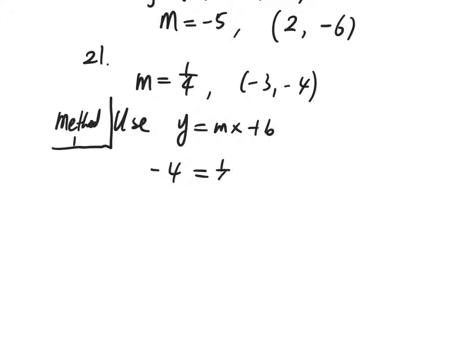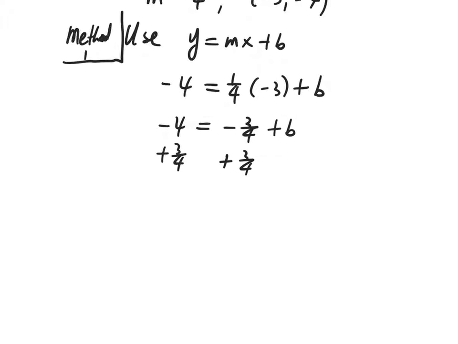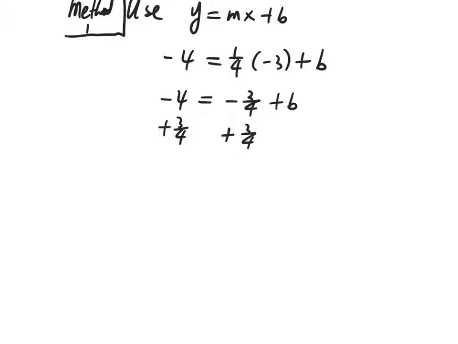So the slope is 1/4 and x is -3. Solve for b. So here we have -4 equals -3/4 plus b, and then you add 3/4 on both sides to find b. So I'll have b equals -4 plus 3/4.